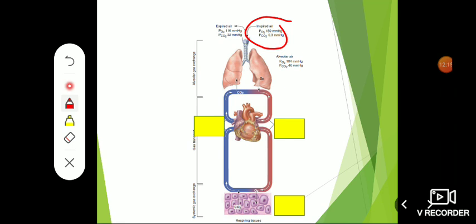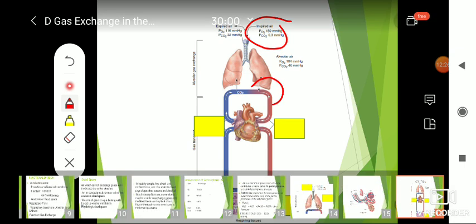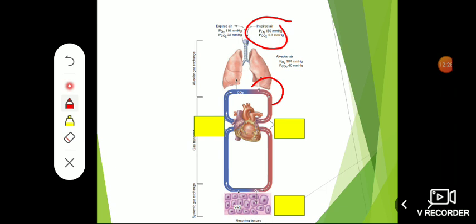In the blood oxygen is coming and combining with the hemoglobin, and in addition the bronchial circulation is also giving blood down to the pulmonary vein when it is entering. So that bronchial blood will be deoxygenated blood that is entering. So due to this physiological shunt, partial pressure of oxygen comes down to 95 millimeters of mercury.